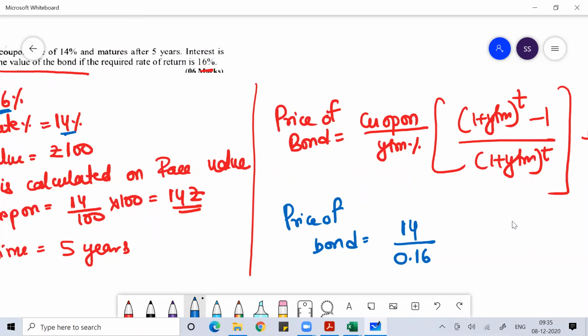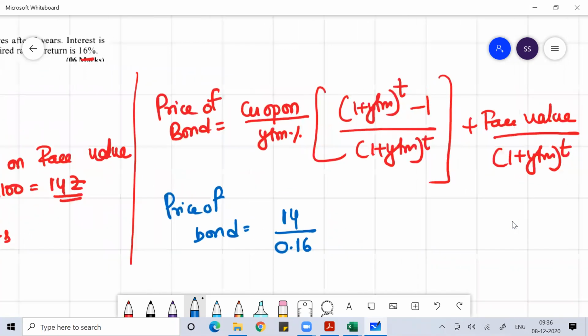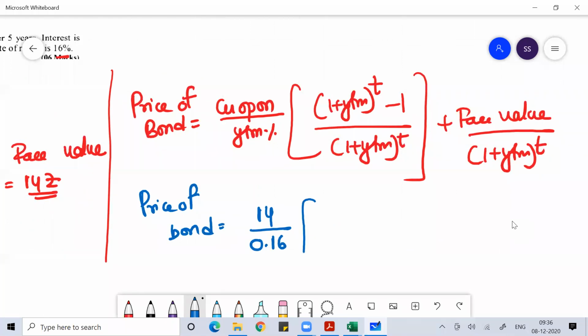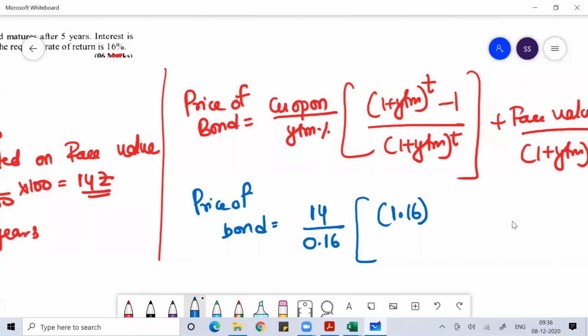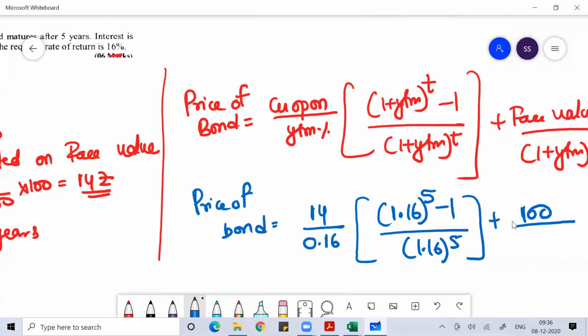In this question it is written that they have paid semi-annually. But in case they are paid annually, then this is the formula you should use. What is the time? Time is 5 years. And plus face value 100 divided by 1.16 to the power 5.